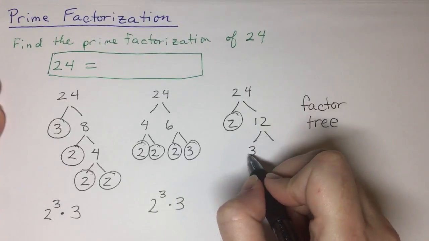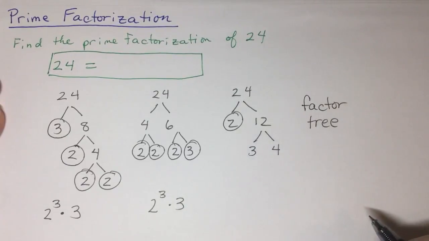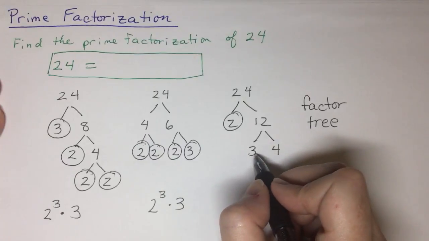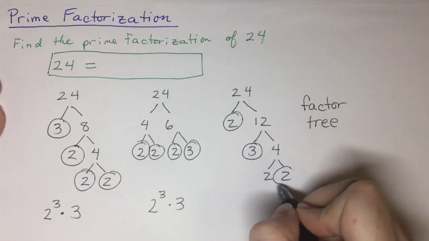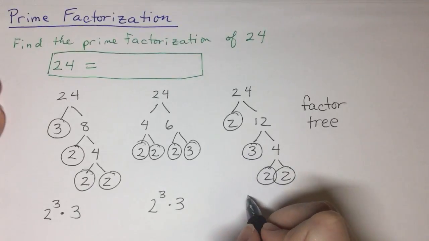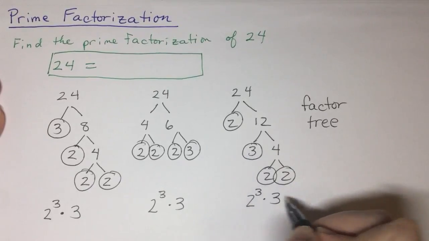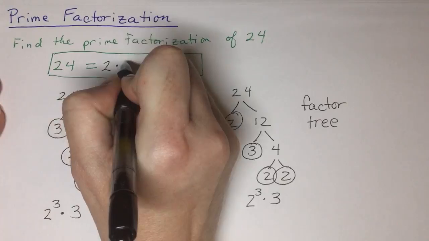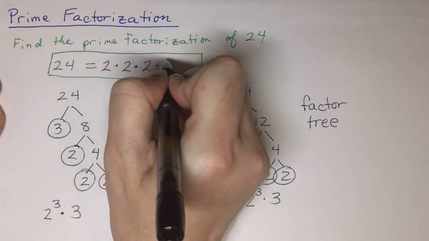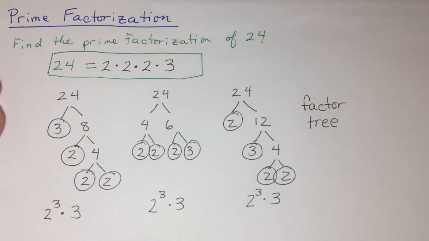I could factor 12 as 3 and 4. I could factor 12 as 2 and 6. If I use 3 and 4, 3 is prime and 4 is 2 times 2. Once again, I've got 2 cubed times 3. So 24, prime factorization is 2 times 2 times 2 times 3.